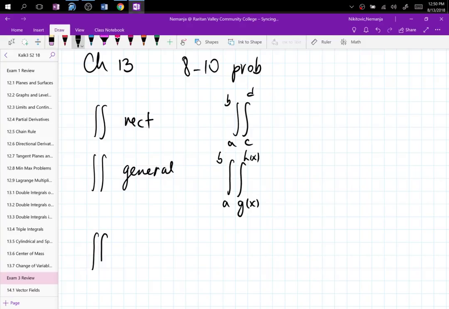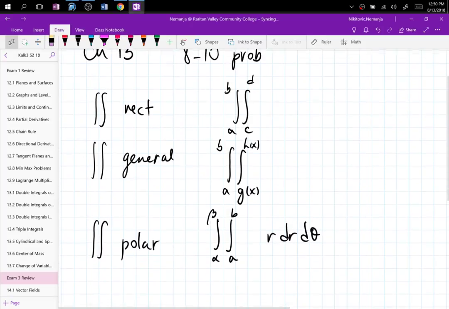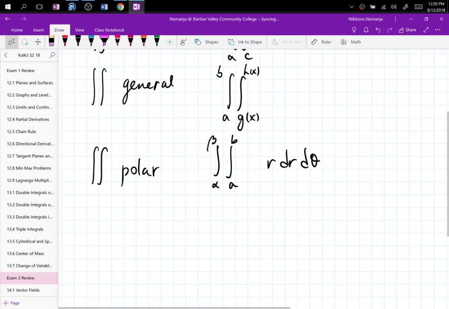Then we have double polar, which has alpha, beta, A and B, and then r dr d theta. Now, whether you have stuff inside or not depends on whether you're looking for area or volume. So this is your 2D realm. Then you are in the double integral realm.